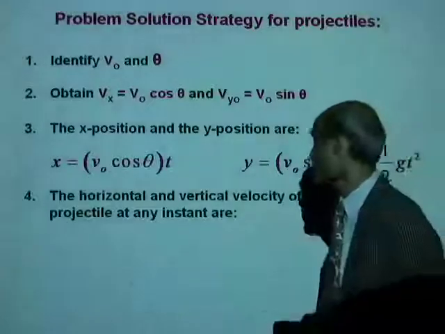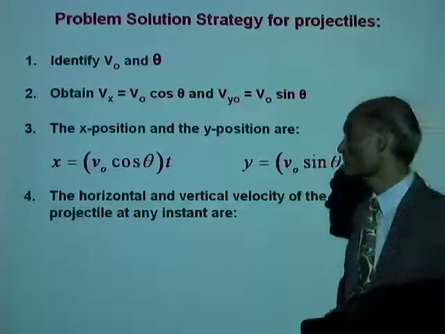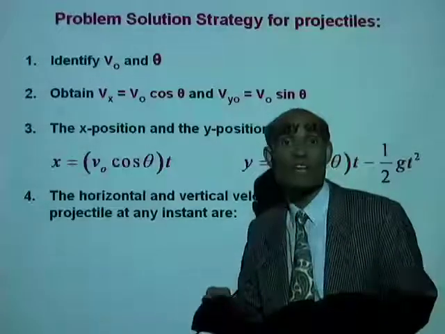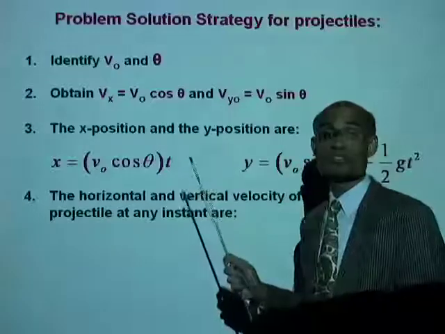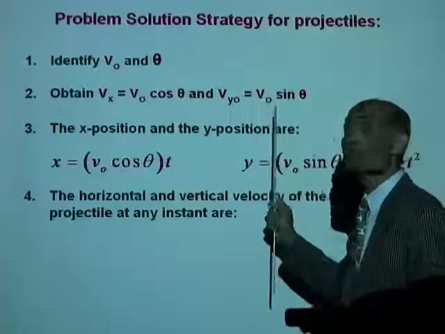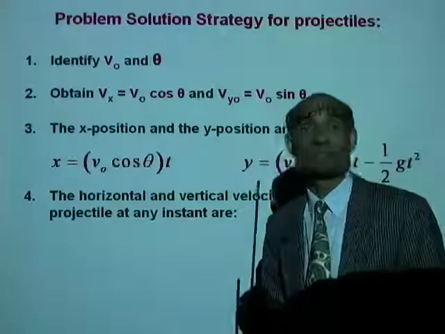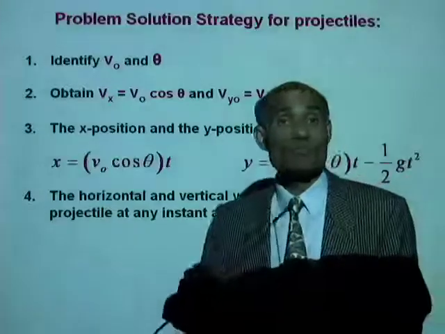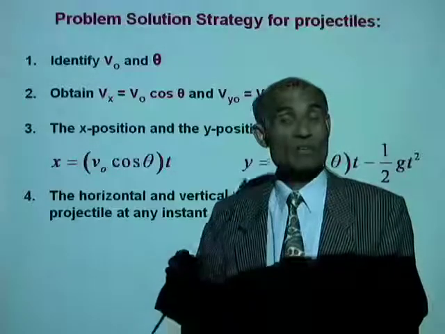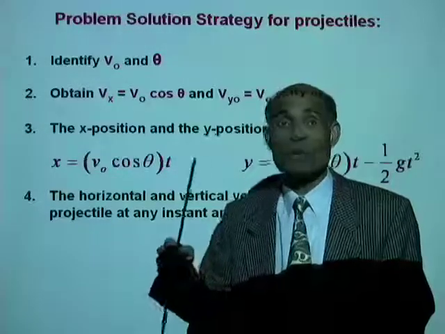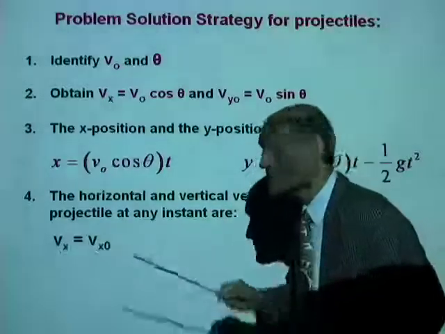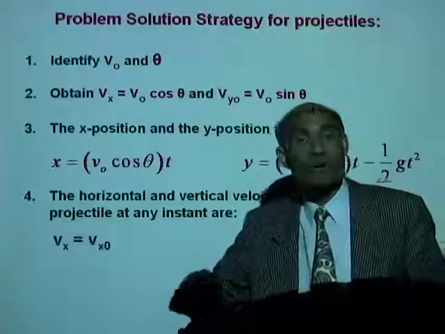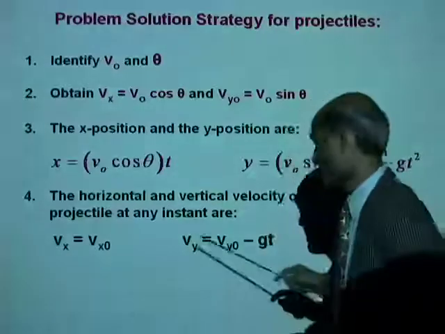The horizontal and vertical velocity of the projectile at any given time. Well, the horizontal velocity does not change. How does the vertical velocity change? The vertical velocity Vy equal to Vy0 minus gt. So Vx equal to Vx0, that will not change.